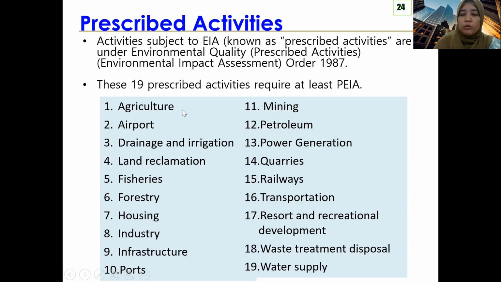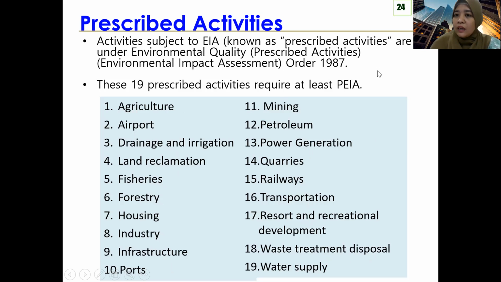But I just want to show you these prescribed activities: agriculture, airport, drainage and irrigation, land reclamation, fisheries, forestry, housing, industry, infrastructure, ports, mining, petroleum, power generation, quarries, railways, transportation, resort and recreational development, water treatment and disposal, and water supply.